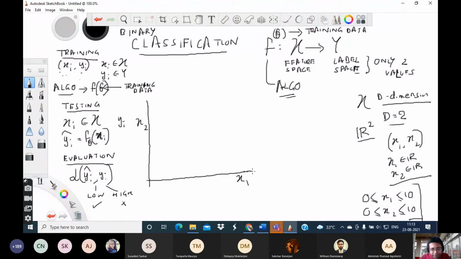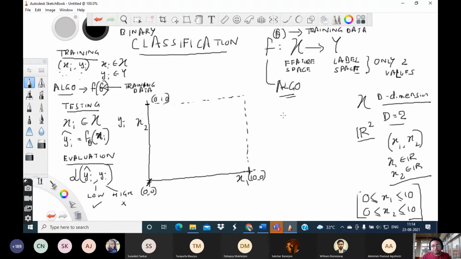This is the origin, 0, 0. This point is 10, 0, and similarly this point is 0, 10. Because of this criterion, all the data points we deal with will lie within this 10 by 10 square region.